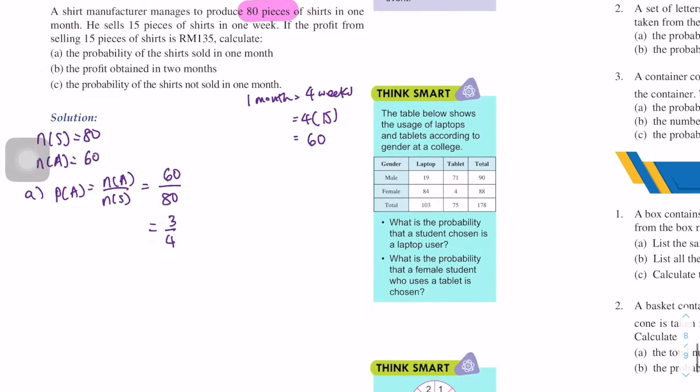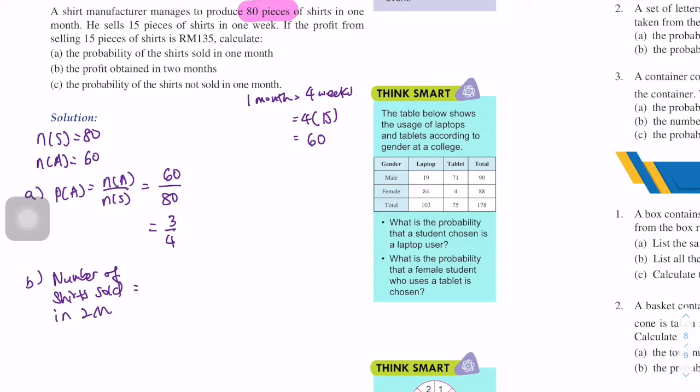Next B, the profit obtained in 2 months. In order to calculate the profit, we need to know how many pieces he sold in 2 months. So he sold 3 over 4, so you can use this value of probability. We write it as number of shirts sold in 2 months.